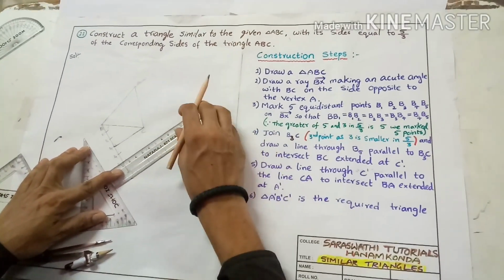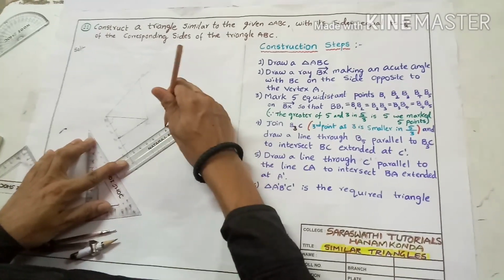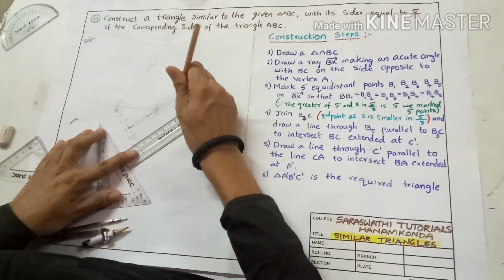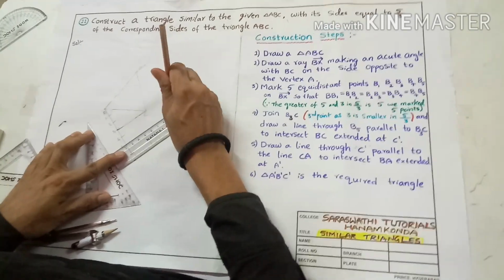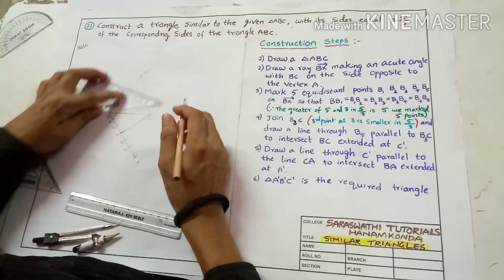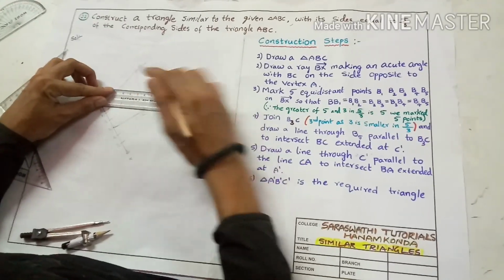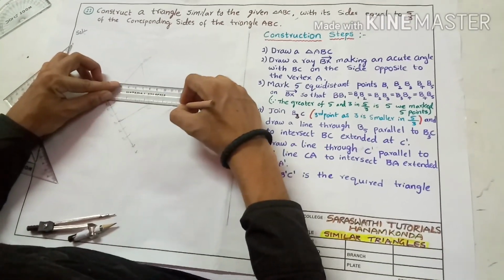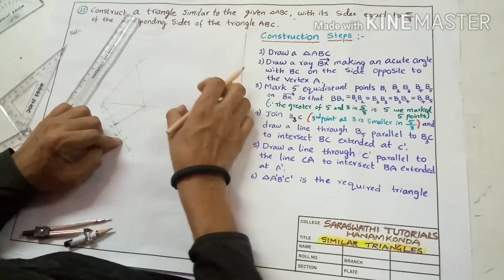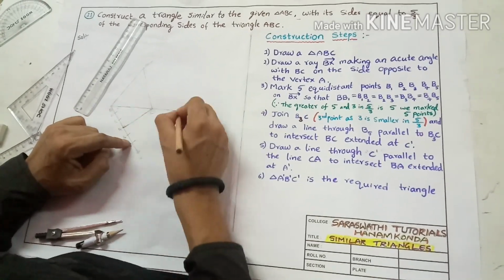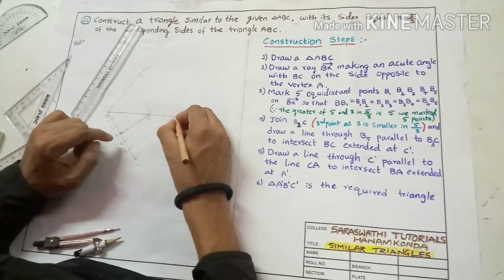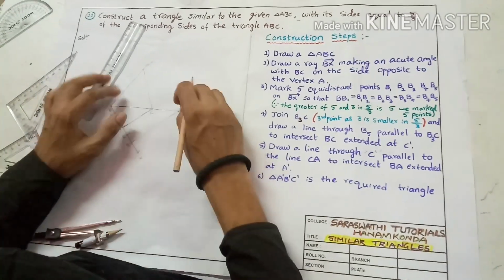Draw a line parallel to B3C from B5. Now extend this BC. The line drawn from B5 meets BC extended at C dash. This is the point C dash.